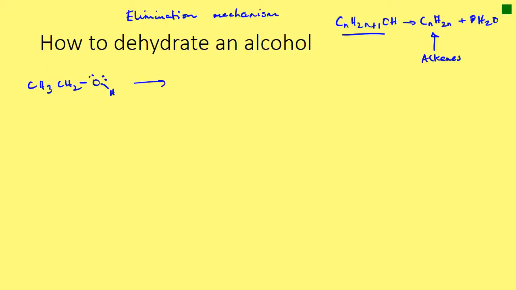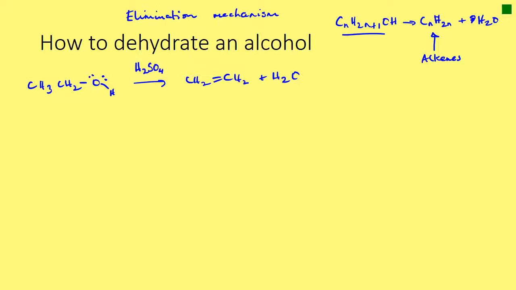We're going to use a sulfuric acid catalyst, so it's an acid catalyzed elimination reaction. We're going to make ethene, which is CH2=CH2, and a little water molecule gets eliminated.